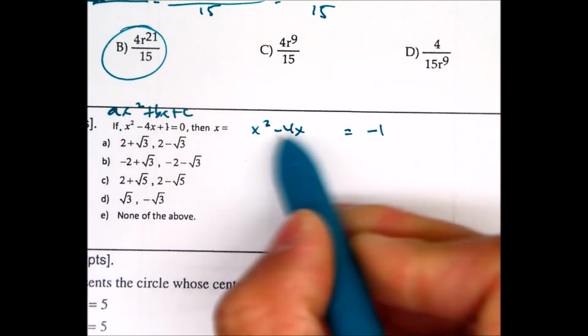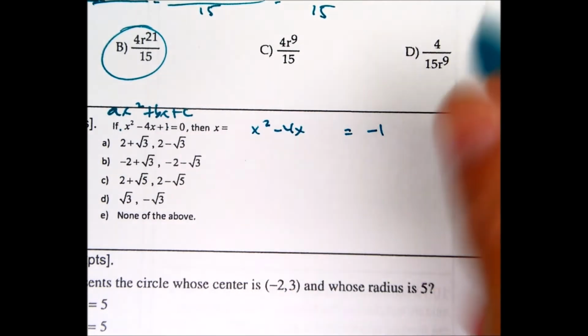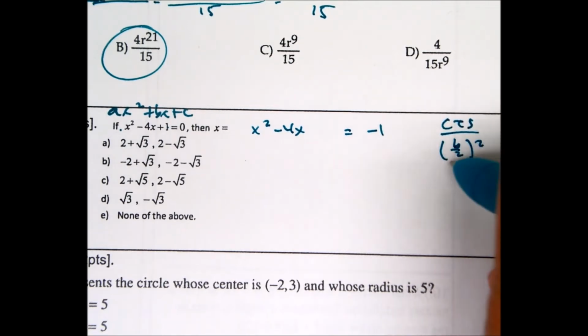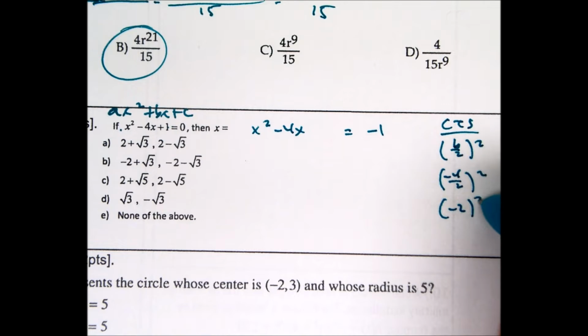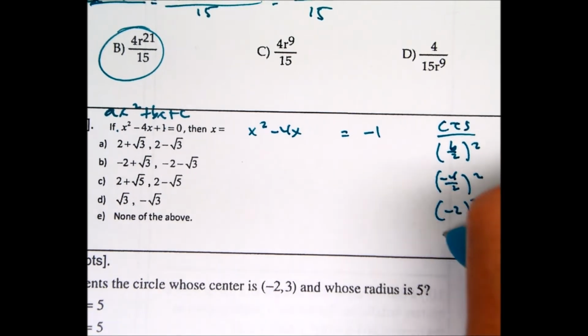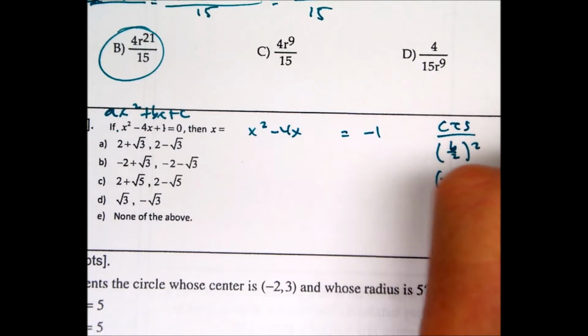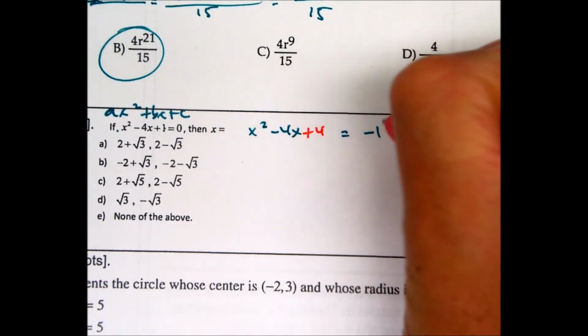I subtracted the c value to the other side. Completing the square, use the equation b over 2 squared. So b value is negative 4 divided by 2, which is negative 2, and negative 2 squared is positive 4. So I'm going to add 4 to both sides.